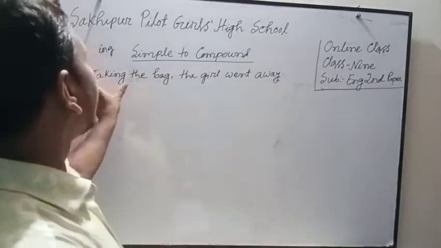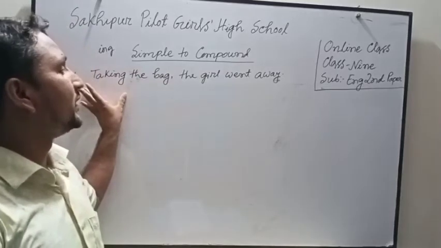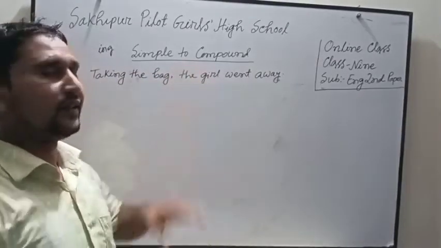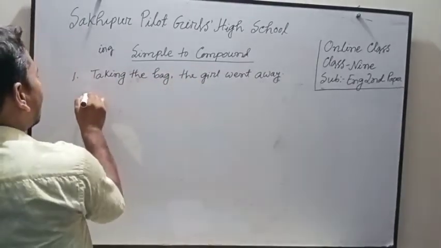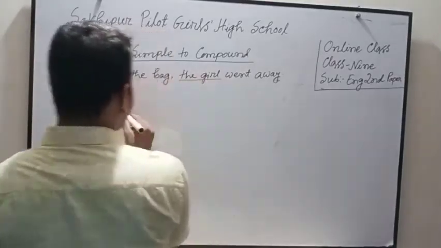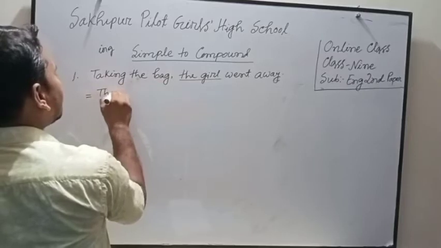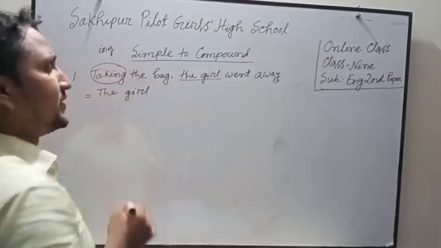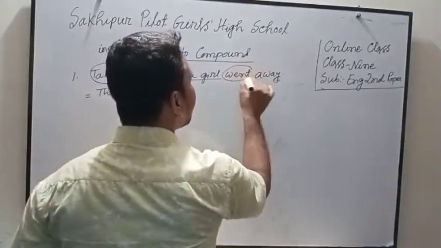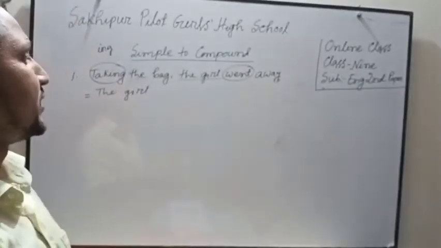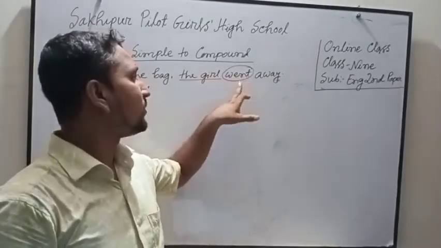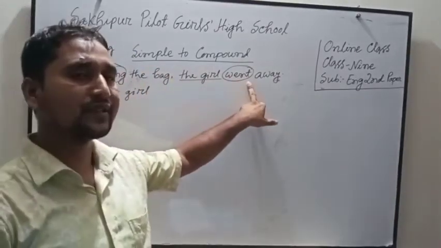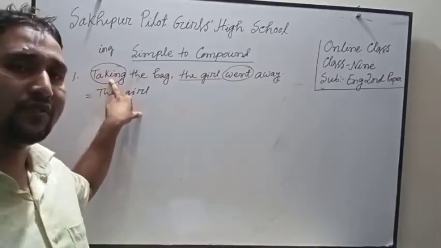Okay, if the simple sentence begins with a present participle and we want to change it into compound, and the subject is only one, then we have to write the subject of the other clause at first: the girl. And this participle will be changed according to the second verb, that means the second clause. If the verb is past, the participle will be past. If the verb is present, then the participle will be changed into present form.